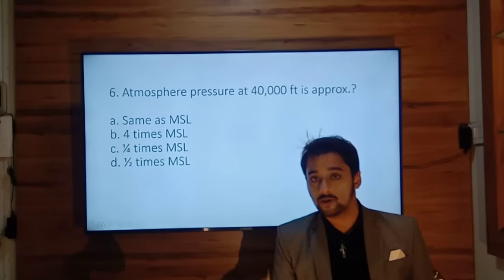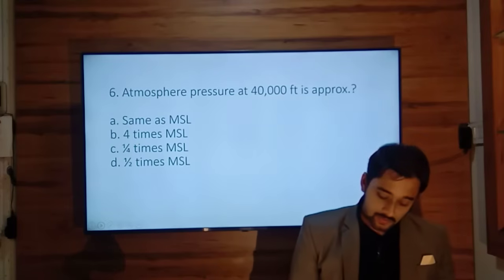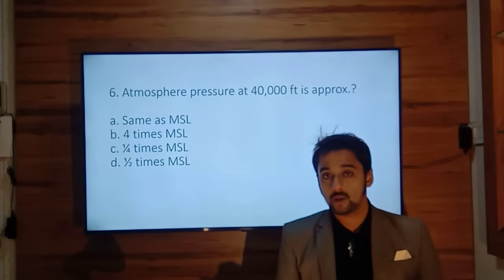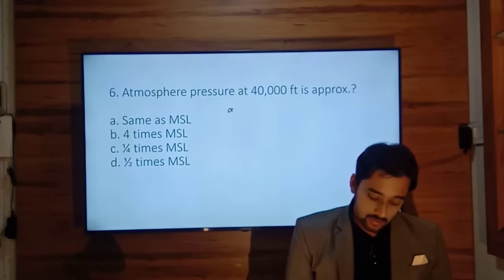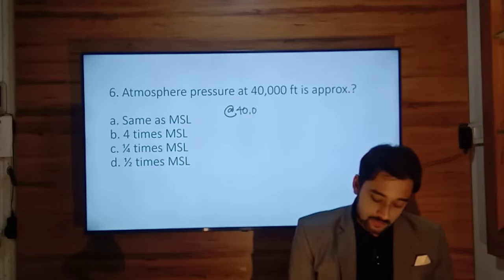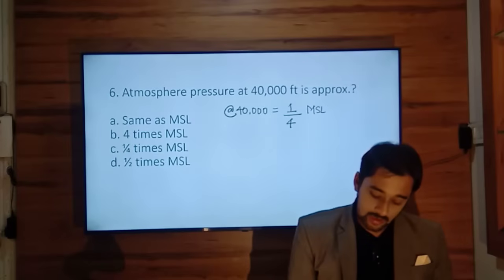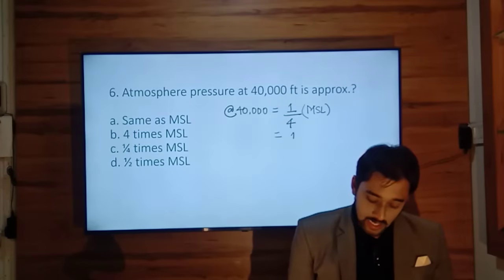Question number 5. Atmospheric pressure at 40,000 feet is how much? I know this by heart, and you also remember this. At 40,000 feet, atmospheric pressure will be 1/4 of the pressure existing at mean sea level. The pressure at mean sea level is 1013.